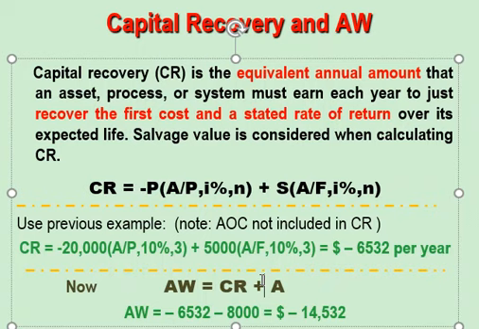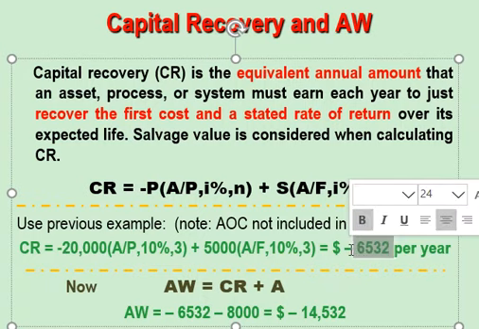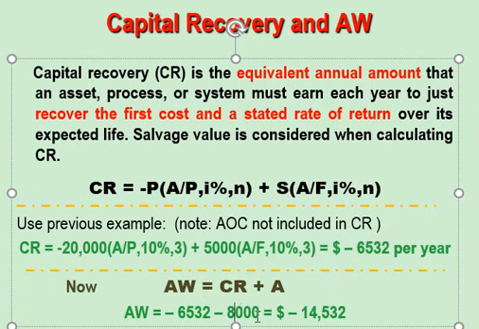So they tell me, if you pay $20,000 now and I want to transfer it into yearly payment, then after 3 years you can sell the machine for $5,000, after it is dead. So you are going to be paying this much per year. And then the guy is going to tell you there is also maintenance per year. So this is your total amount.